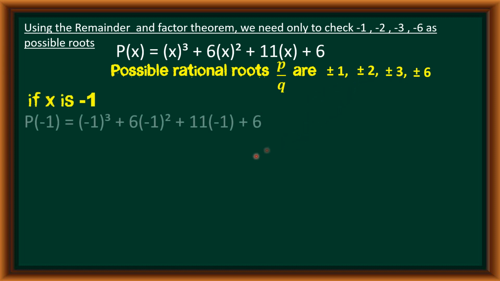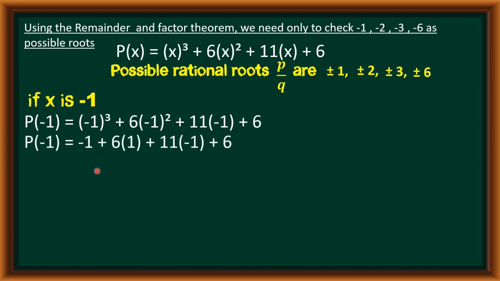So, if x is negative 1 ang ipapalit natin sa value ng x. Ito yon. So, negative 1 cube is negative 1. Negative 1 square is positive 1 times 6. Negative 1 times 11 plus 6. Ayan. So, negative 1, 6 times 1 is 6. 11 times negative 1 is negative 11 plus 6.